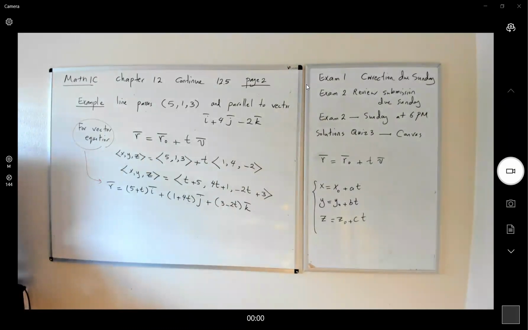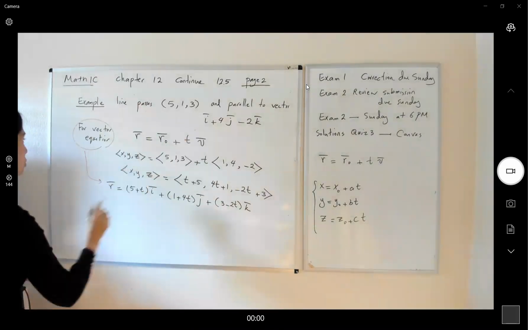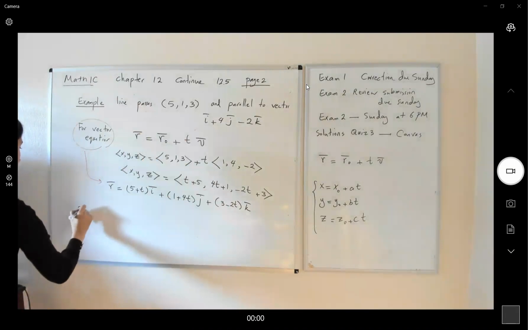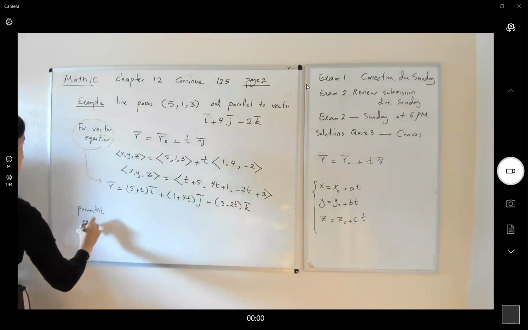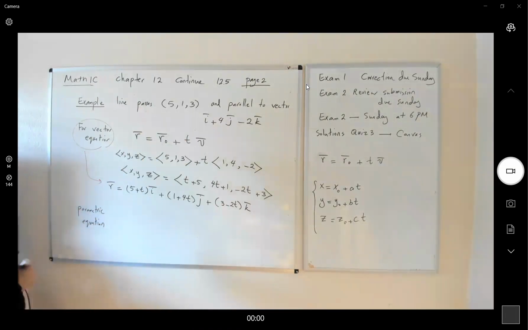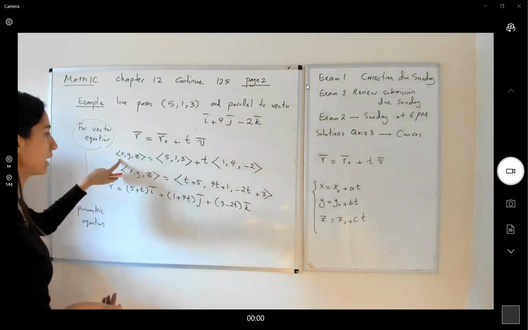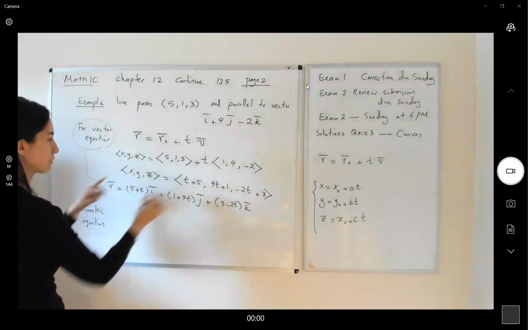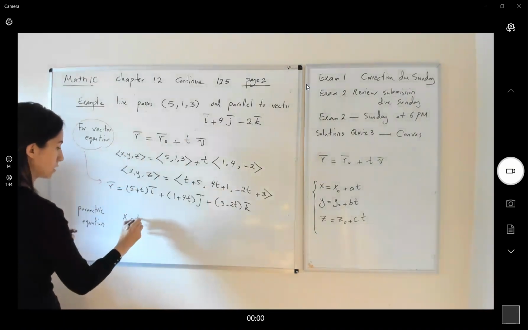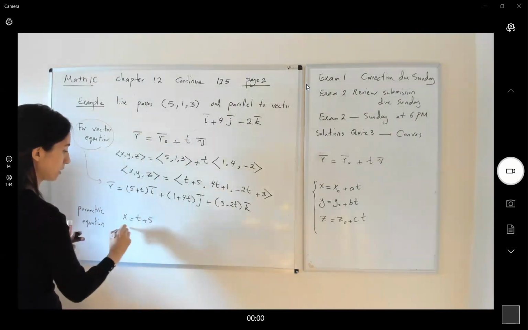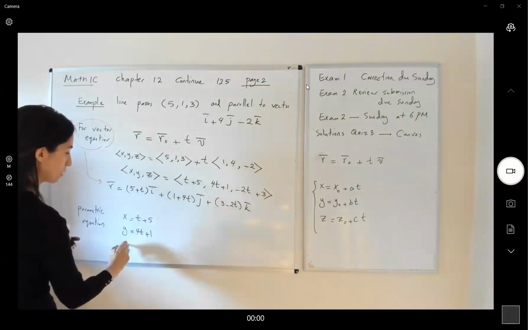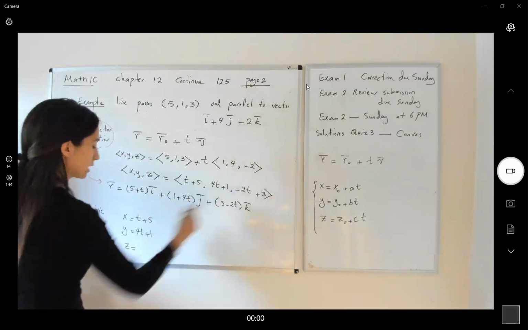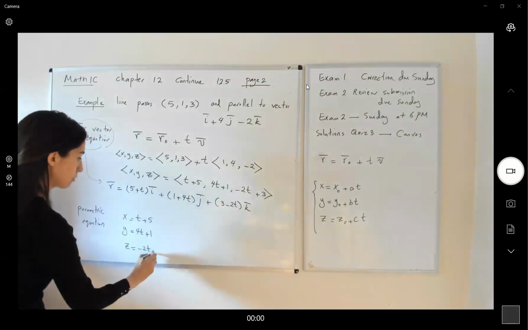The parametric equation is not very hard. You're going to just directly use this to write the parametric equation. So you know that X is equal to T plus 5, Y is equal to 4T plus 1, and Z is equal to negative 2T plus 3.